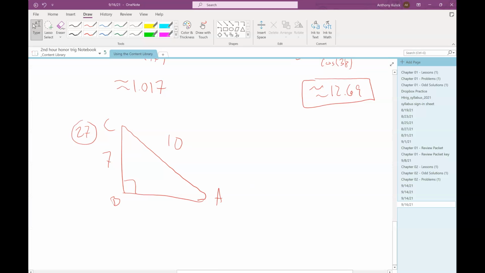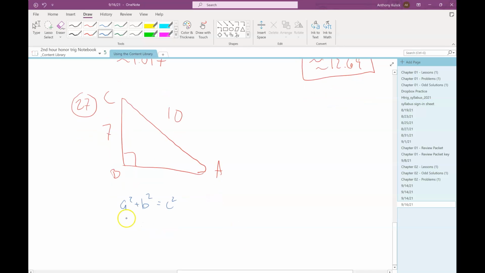So the first thing I need to do is find this third side, right? How do you find the third side of a right triangle? Pythagorean theorem. So a squared plus b squared equals c squared, where the a and the b are the legs of the triangle, and the c is the hypotenuse.